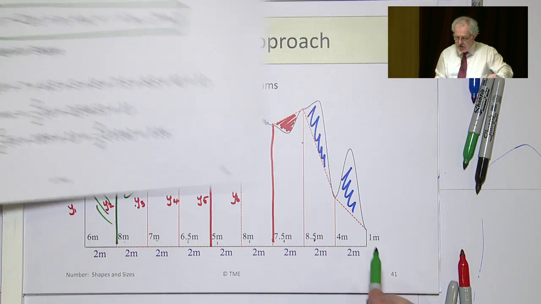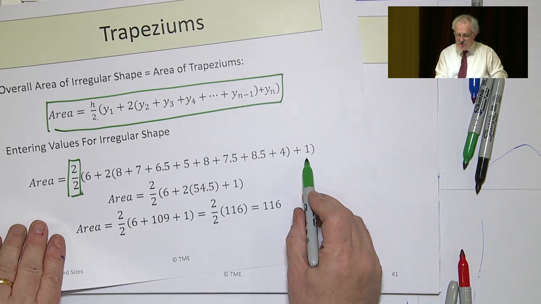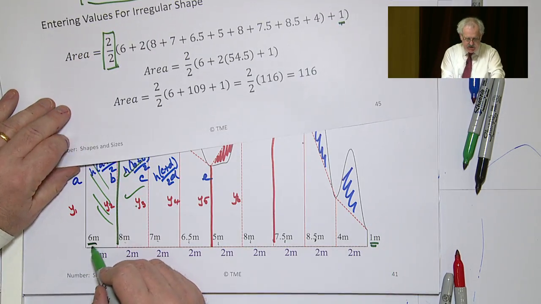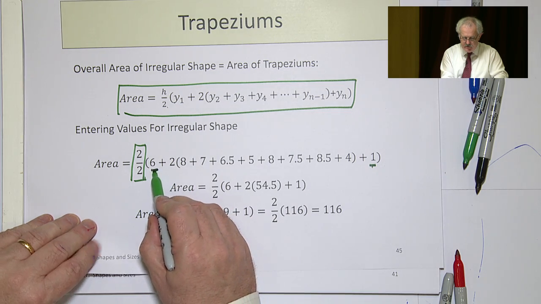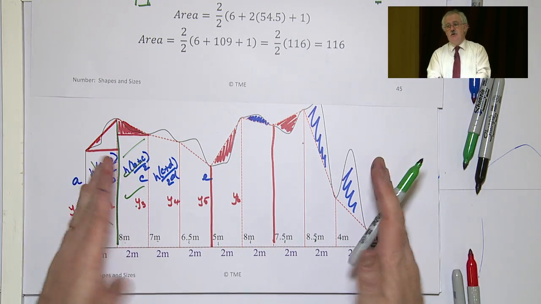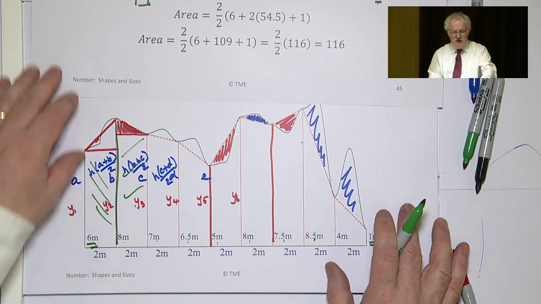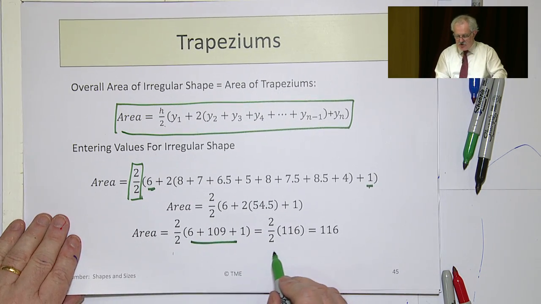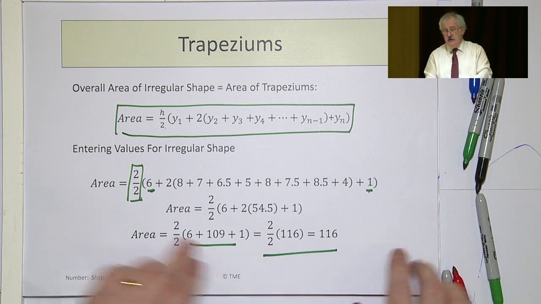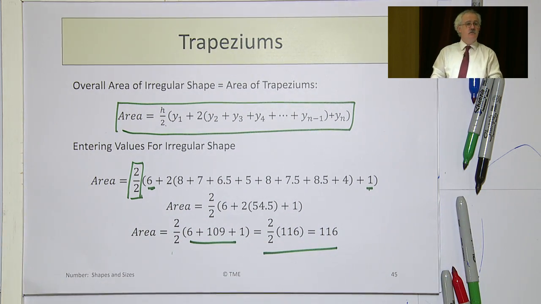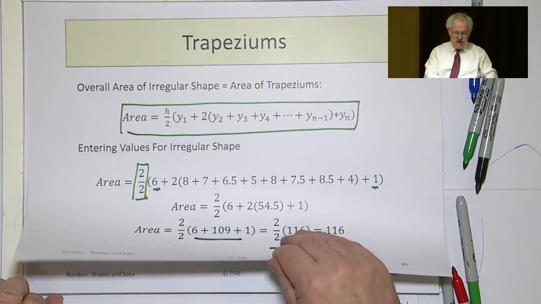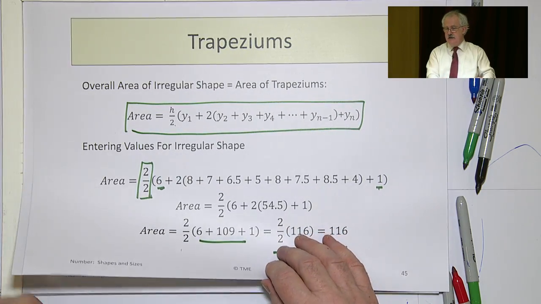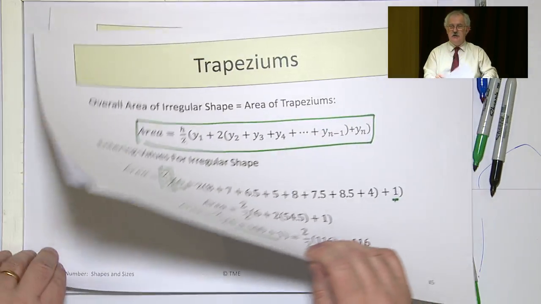And then we finish, and we only put the last one in once. So the first and the last only entered once, because they were the ones without one on the left or to the right. You calculate all the numbers, 2 over 2, that's it, and you get an answer, and that's the area. And that's the end of that topic. That's the end of the whole topic on shapes and sizes.